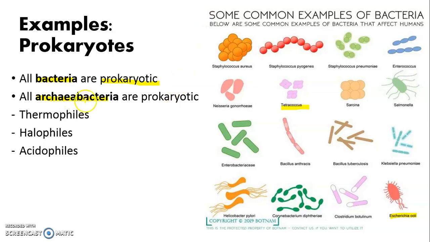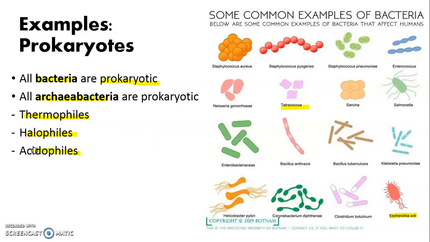Whereas also the archaea bacteria are characterized by being able to survive in harsh or extreme environments here on our Earth. For example, the thermophiles are able to withstand extreme heat, hot environments. Halophiles are able to survive extreme salinity, or a very salty environment.